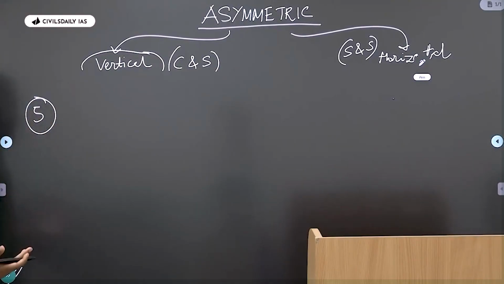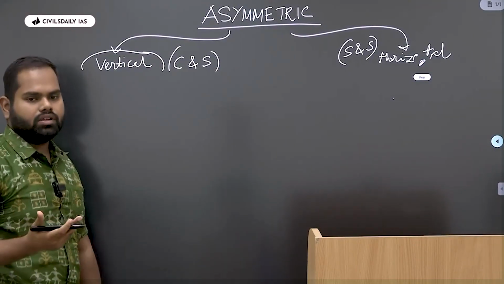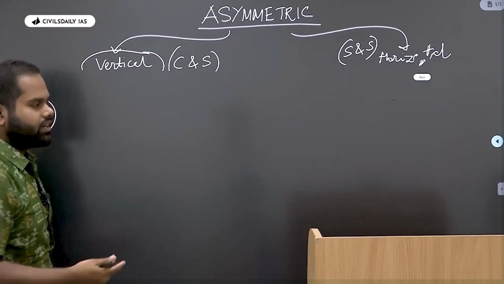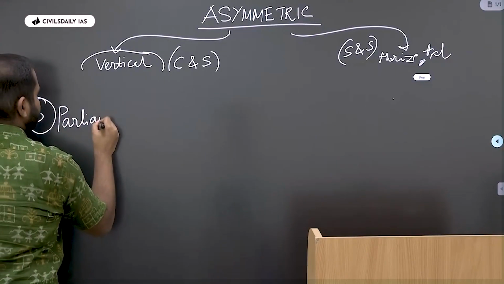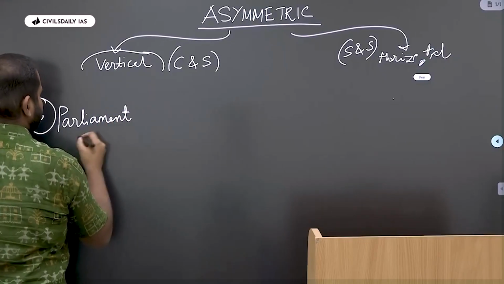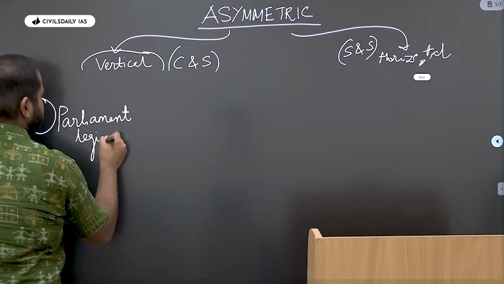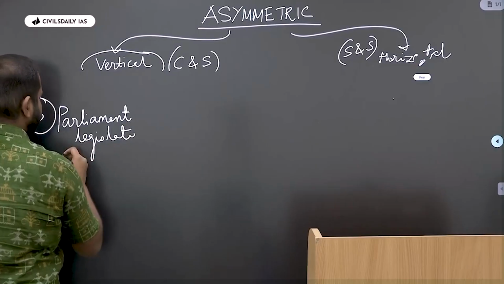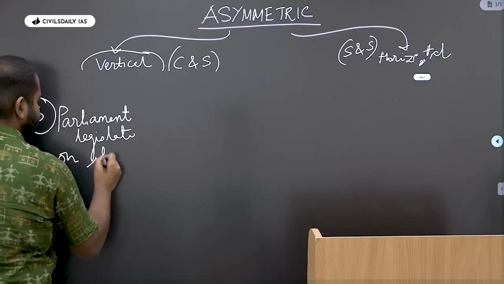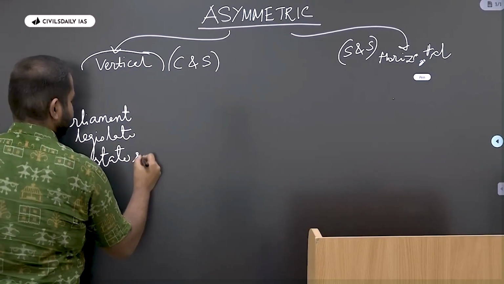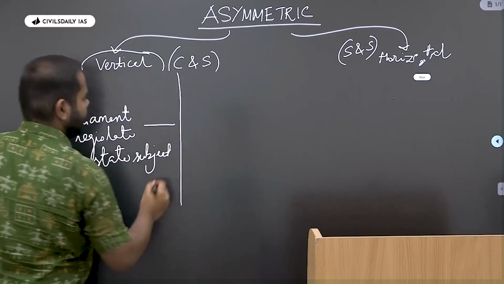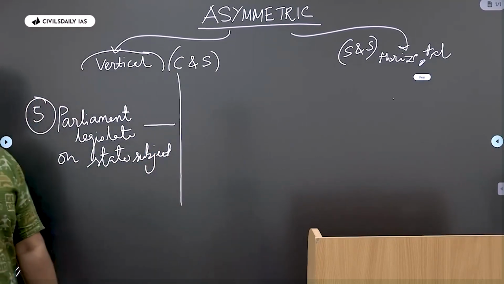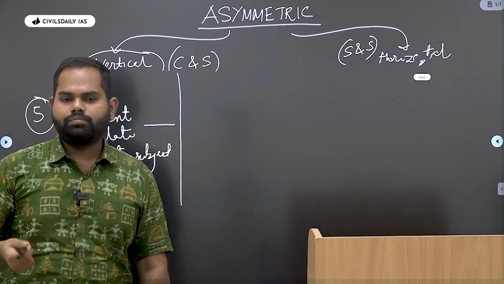The fifth one is when the Parliament has the power to legislate on any state subject. Can you recall under what conditions Parliament has this power?